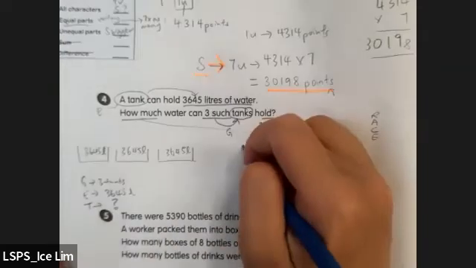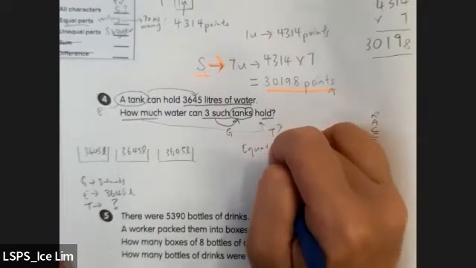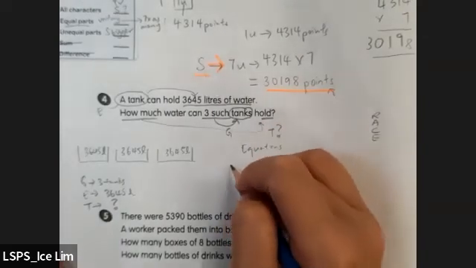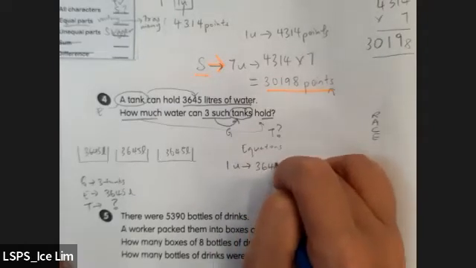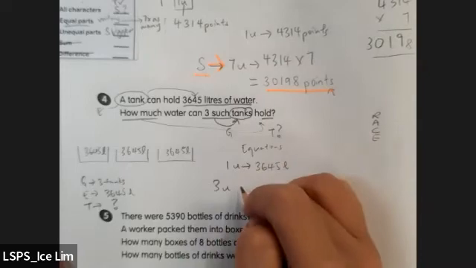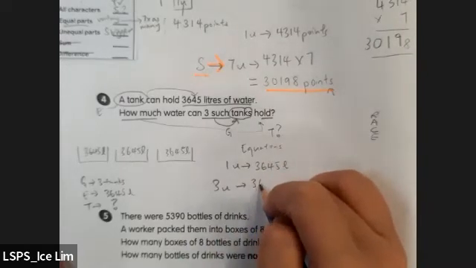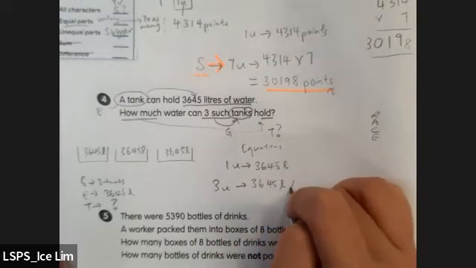Model, equation. 1 unit is 3,645 liters. I need 3 units. 3 units is 3,645 liters multiplied by 3.